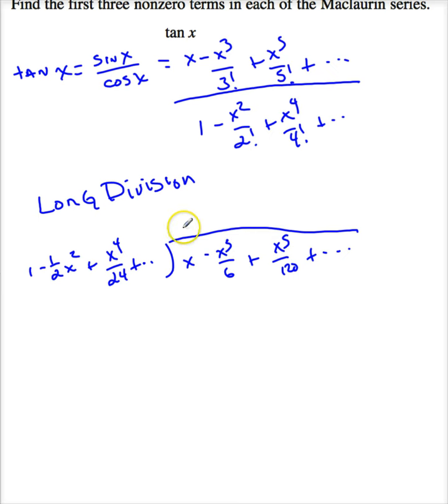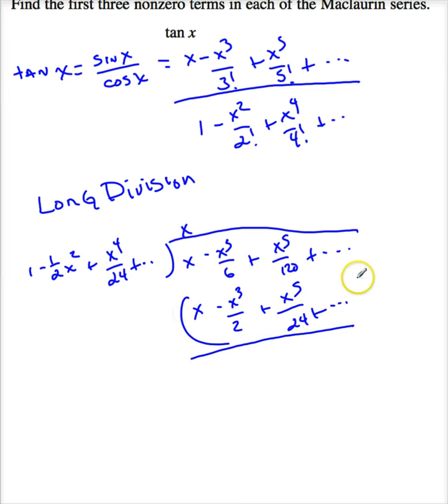So 1 goes into x times. So this is x minus x cubed over 2 plus x to the fifth over 24 plus. So I subtract these, and that goes away, so I get 1/3 x cubed minus 1/30 x to the fifth.